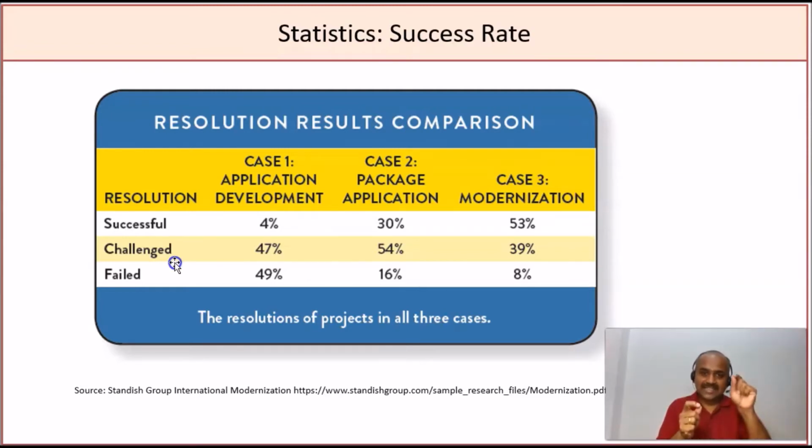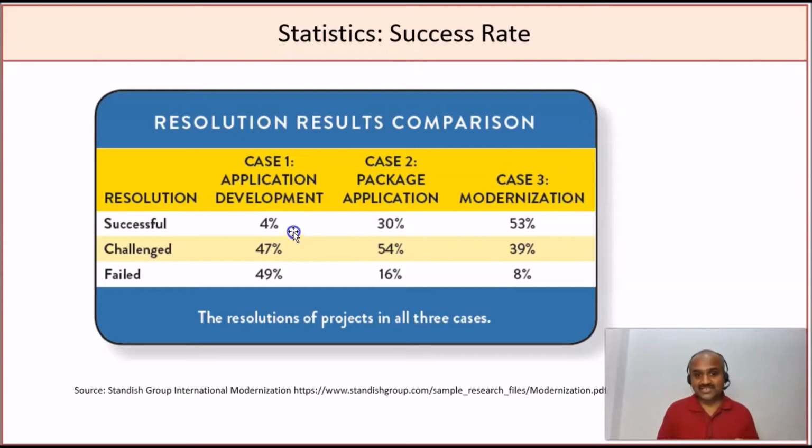The projects that met the target scope within the target schedule and within the target cost are identified as successful. Among the application development projects surveyed in this study, only 4% were successful. That means out of 100 projects where applications were developed, only 4% were successful.